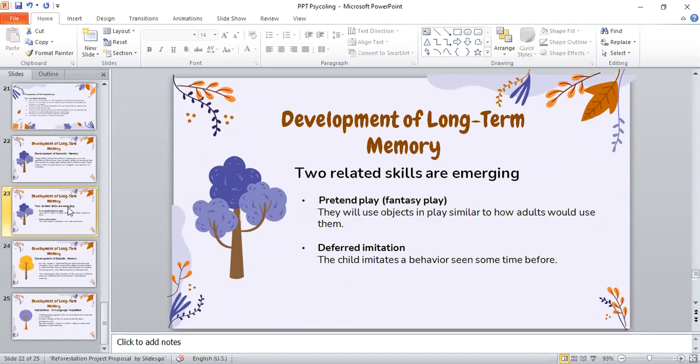The second skill is deferred imitation, in which the child imitates a behavior seen sometime before. A famous example is from Piaget's daughter, Jacqueline, who observed a tantrum in a playmate and then imitated it very closely a day later.